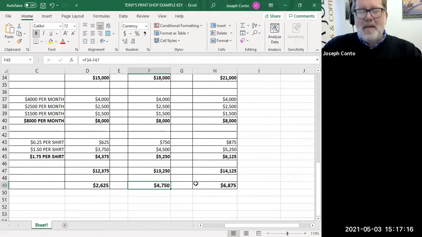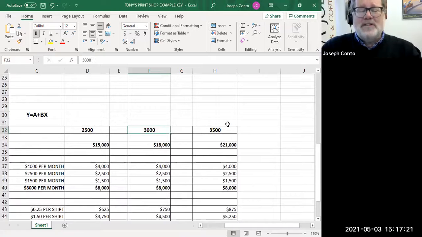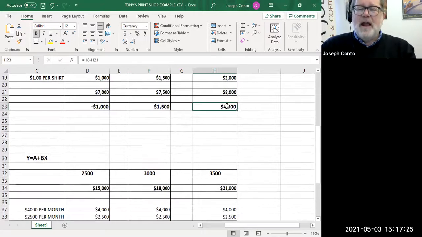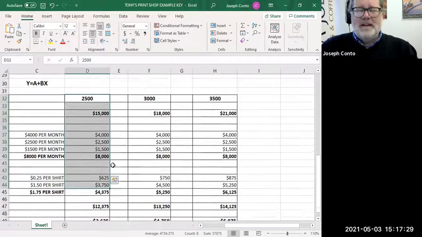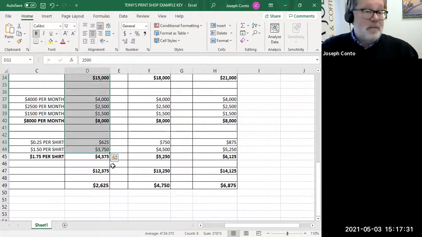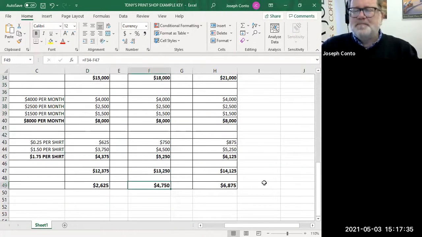So now I am actually turning a profit of 4,750. So 3,000 is where my next profit turn goes, right? I'm making more than I did here, even though for a little while I was making less profit. I'm still making a profit, but I was making less profit than I was just prior to the step cost.